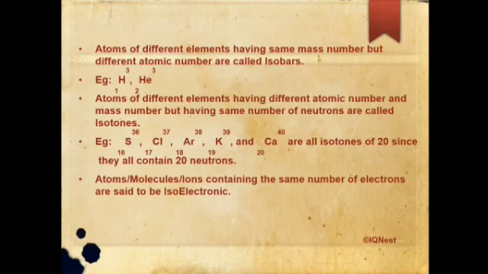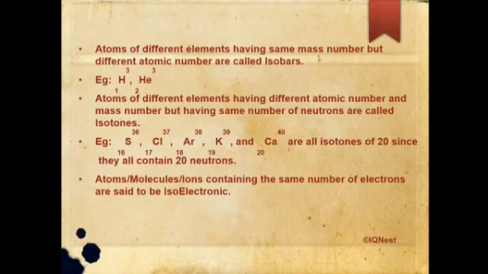The next point is atoms, molecules, and ions containing the same number of electrons are said to be isoelectronic. Till now we studied four different terms: isotopes, isobars, isotones, and isoelectronic. In the case of isotopes, the elements have the same atomic number but different mass number.